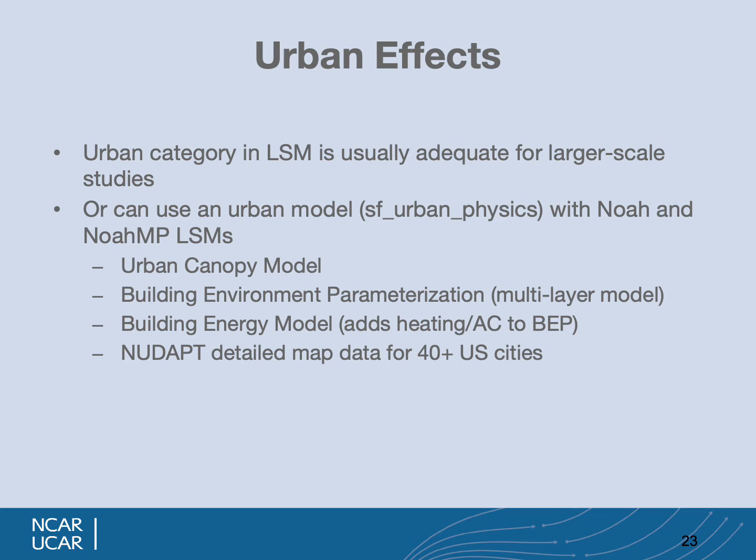There's a more global effort called WUDAPT, which also gives you detailed maps. And in these cases with BEP and BEM, you can directly ingest the map information into the urban model. But the more default method is to just use the urban category. And we do have, at least for North America, the 3 categories simple map that can come from the GeoGrid stage.